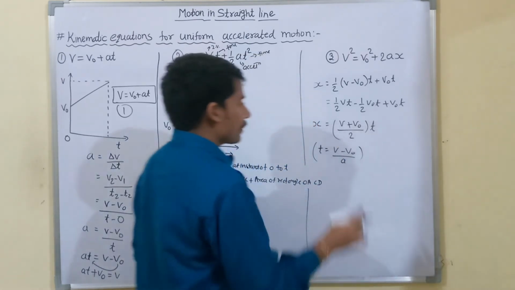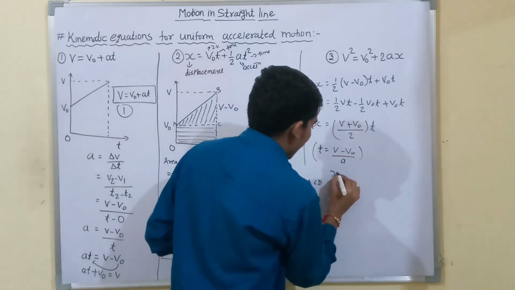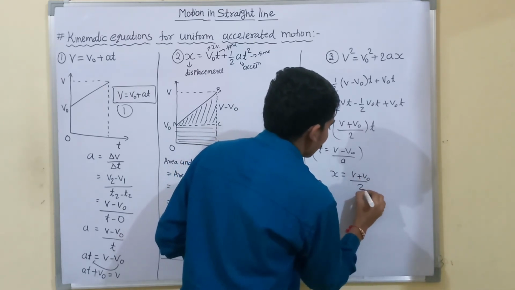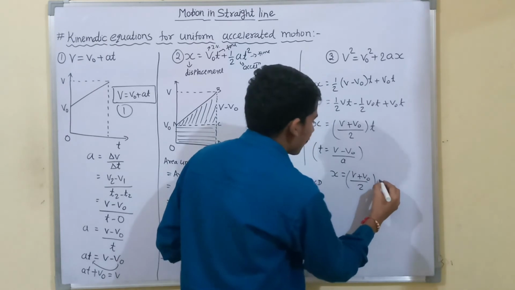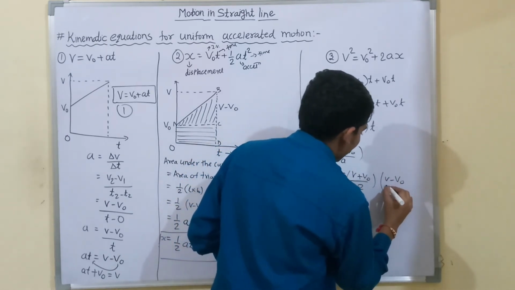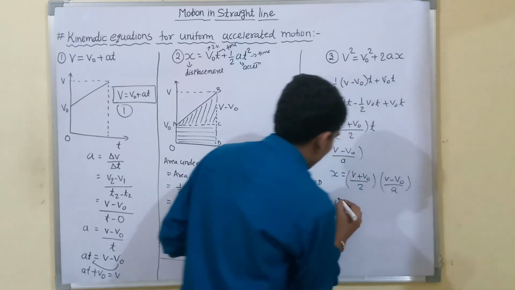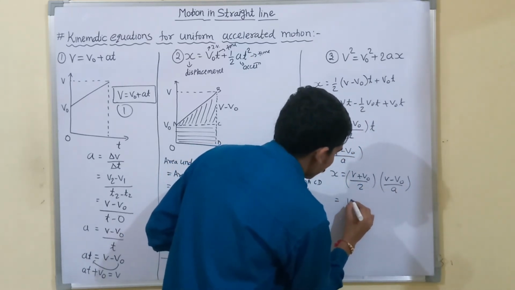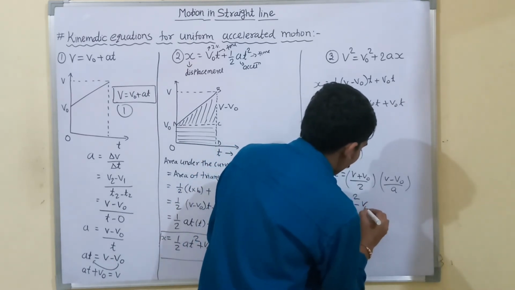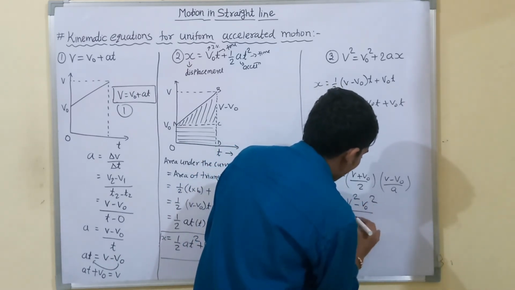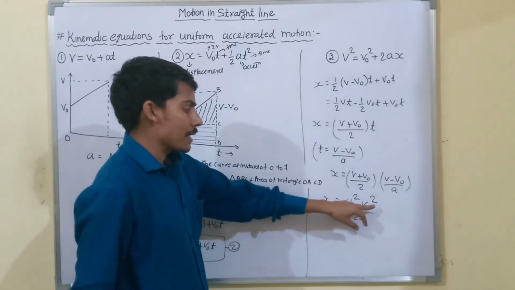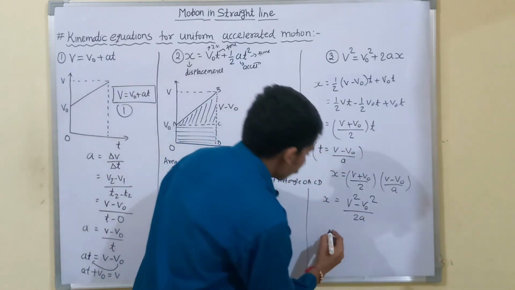Now you can put this value here. x equals v plus v naught by 2, and instead of t we put v minus v naught by a. Now we get v square minus v naught square divided by 2a. That is, x equals v square minus v naught square by 2a.